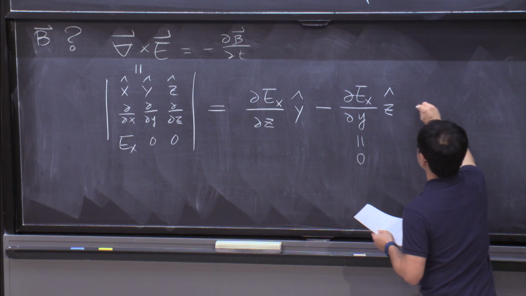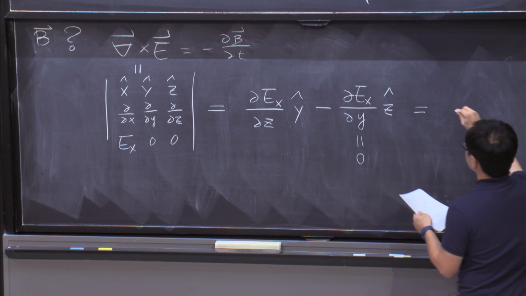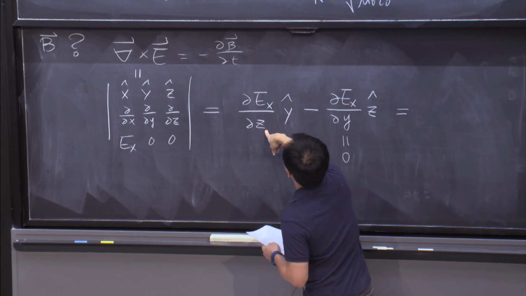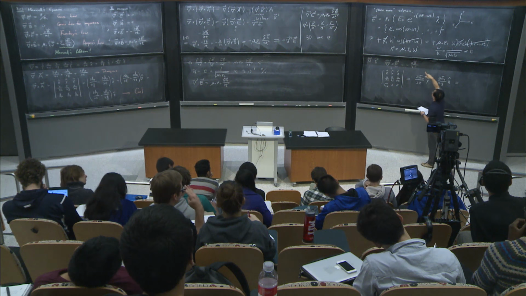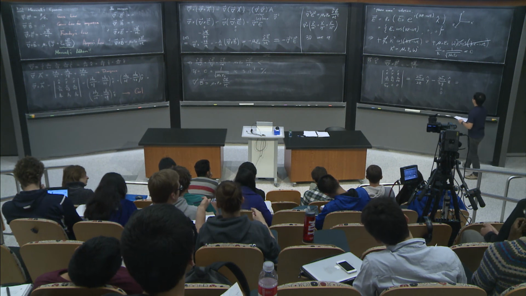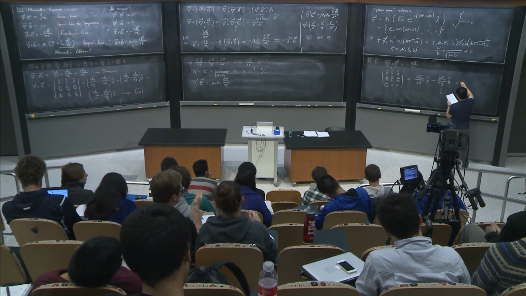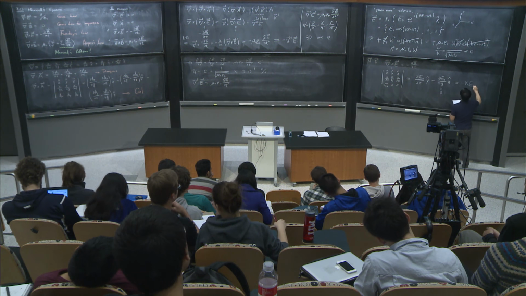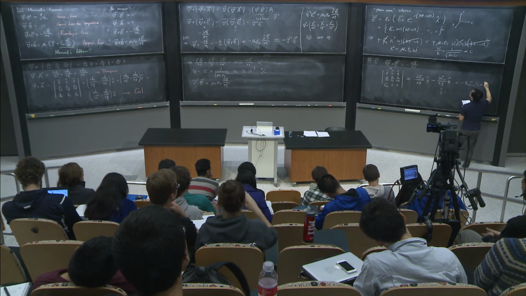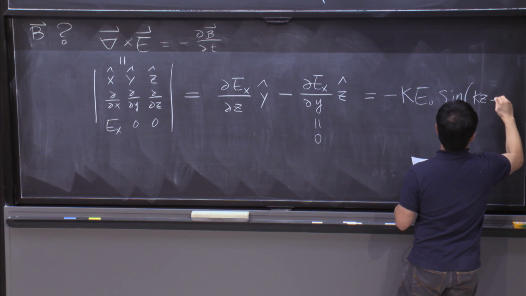And basically what we're going to get is, I can now calculate partial Ex, partial z based on that equation, E0 cosine kz minus omega t. Then basically what I get is minus k E0 sine kz minus omega t.